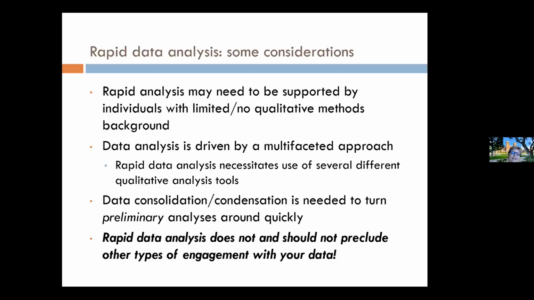This doesn't mean that you're not going to engage in other ways with your data. Some folks get nervous about this and say it's reductionistic. We'll talk about that critique in a little bit, but it doesn't have to remain reductionistic. There is a process where you're consolidating this very large data set that you may have, but it doesn't mean that you're never going to do other work with that.